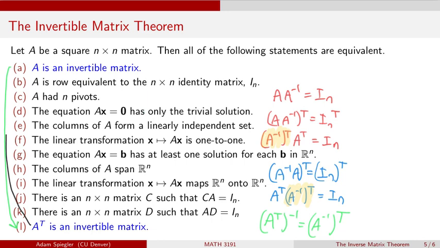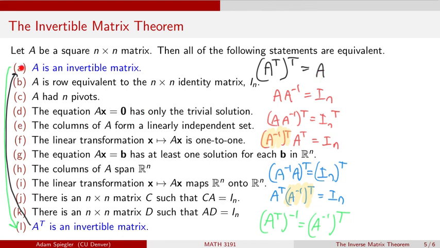So we can get that statement L implies statement A because if I take the transpose of A transpose, recall we get matrix A back. So if I assume that A transpose is invertible, then we know by statement L that its transpose, which is the matrix A, is also invertible.